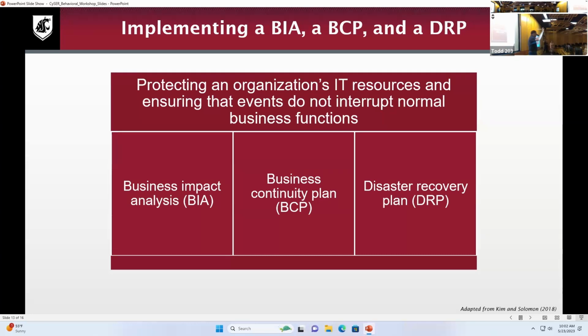So, business impact analysis. There is a worldwide pandemic, and it's not safe for us to have in-person classes. Therefore, we're going to teach the rest of the semester at home. Do you think WSU had done a business impact analysis to say, what do we do if we can't teach in person at WSU?